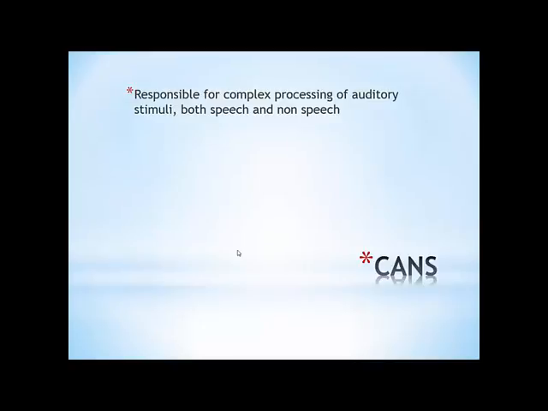The other thing that it's important to know is that the central auditory nervous system is responsible for complex processing of auditory stimuli, both speech stimuli and non-speech stimuli. Things like localization, figuring out where sound is coming from, categorizing sounds into environmental sounds, music, speech, etc. Deciding when a sound requires more attention or requires a person to alert.